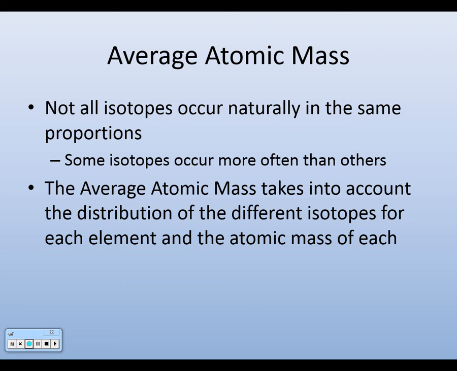So how much does each weigh plus how often does it show up? That number on the periodic table takes into account both of those things. What is the atomic mass of each isotope, and does one of them show up more often than the other ones?